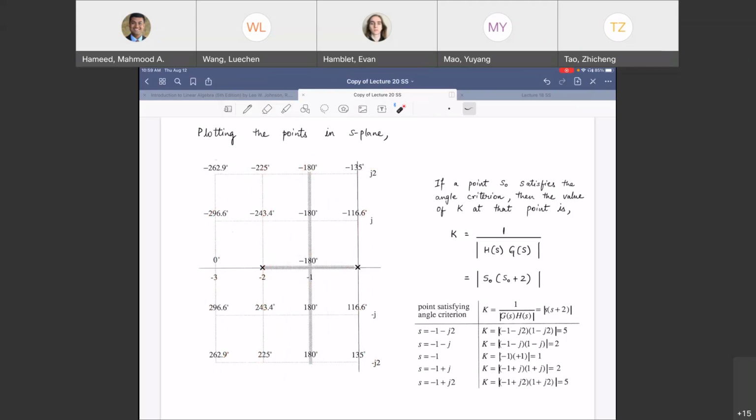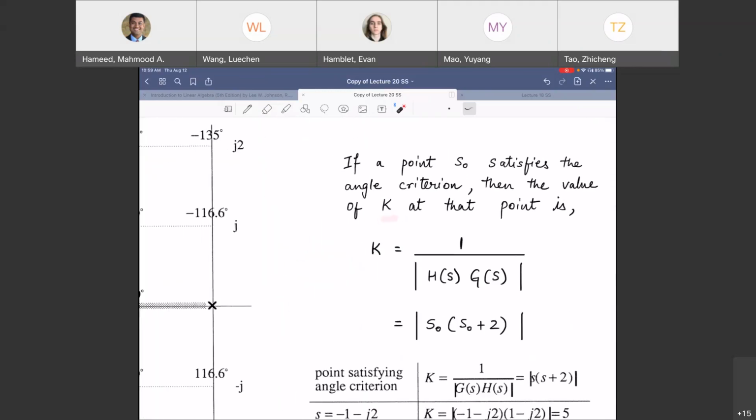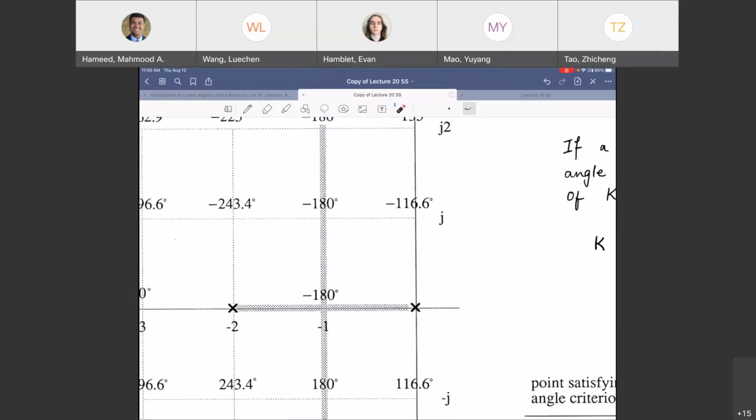And like I said, you can find the corresponding k value for any point in the S-plane, say S0. You can ask, what should I set my k value to in this particular feedback system so that I get a critically damped system?